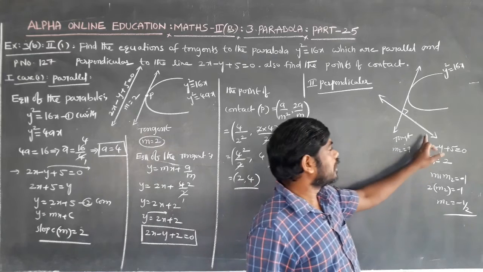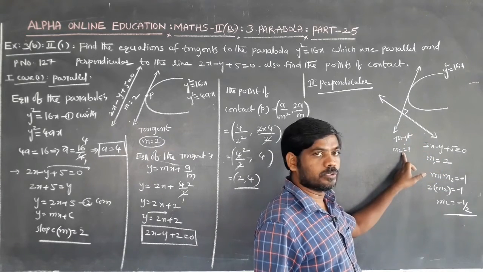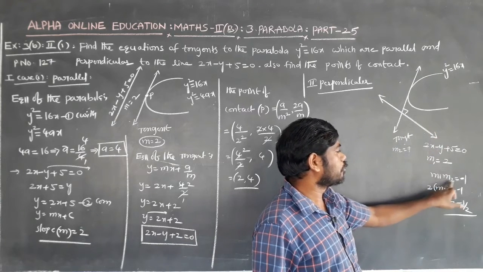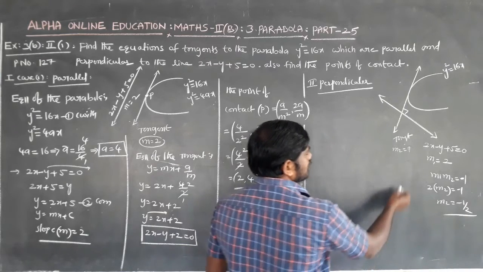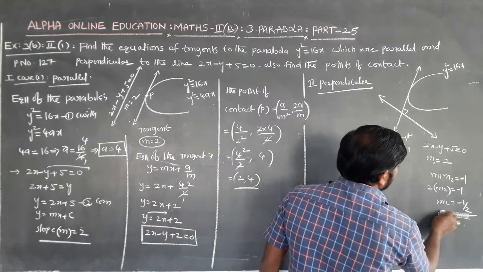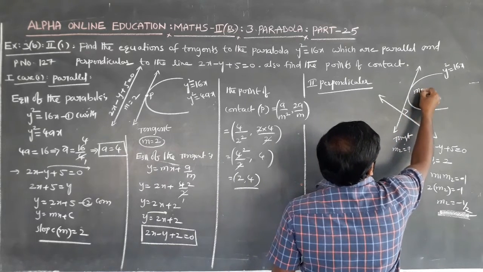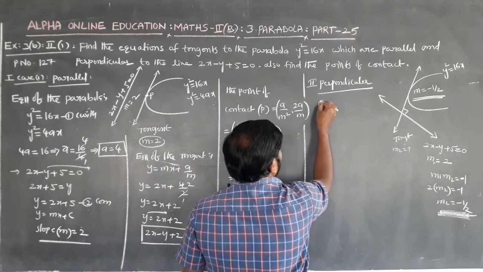So the slope of the tangent is minus 1 by 2.